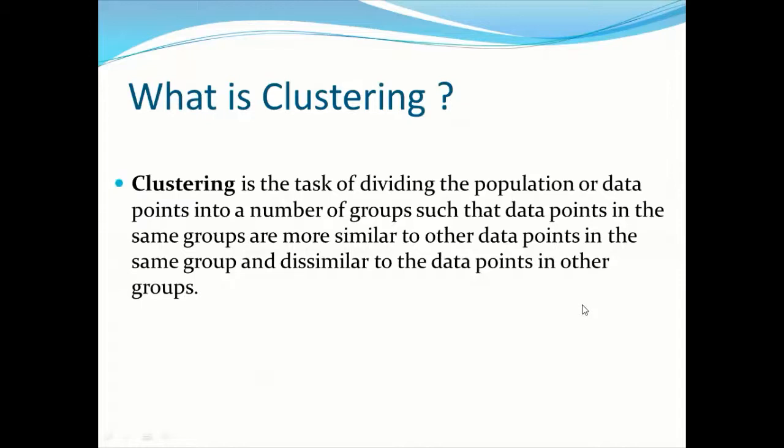So let's talk about clustering now. Clustering is basically the task of dividing the population or data points into a number of different groups, such that those groups have data points which are very similar in nature, and dissimilar to those in other groups.